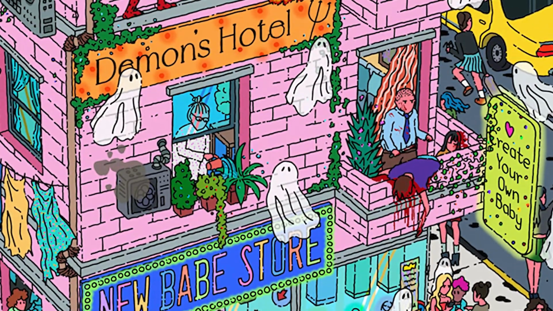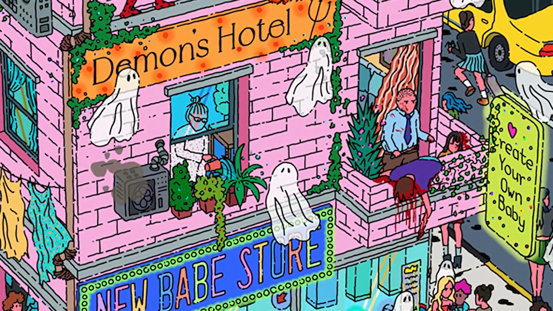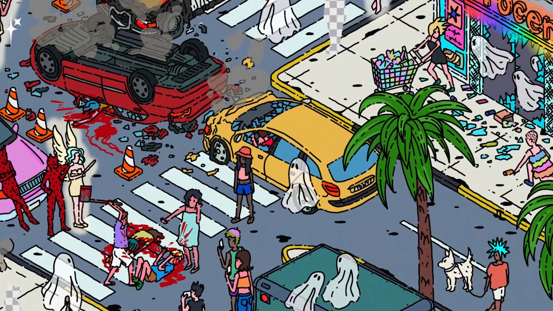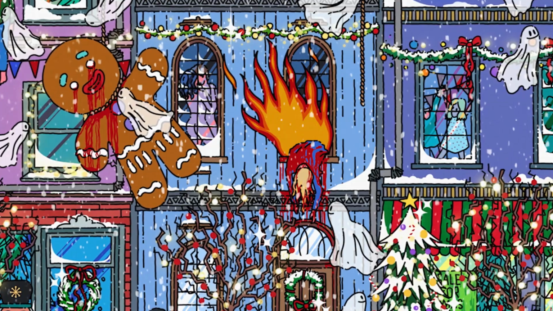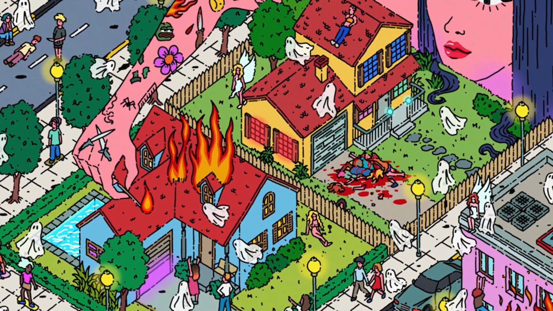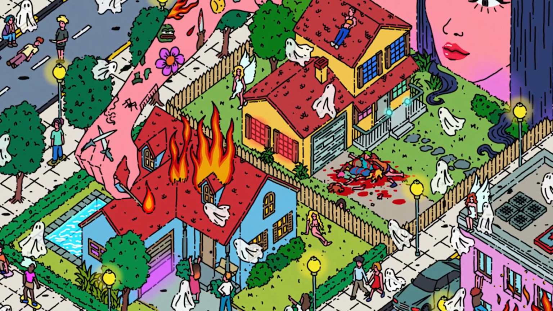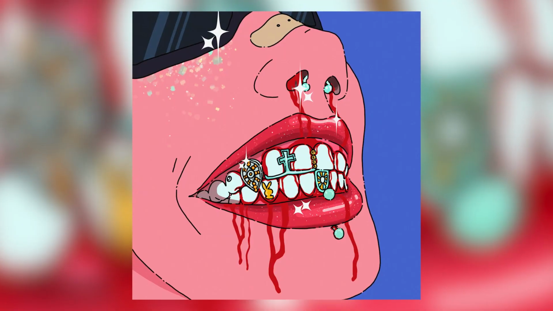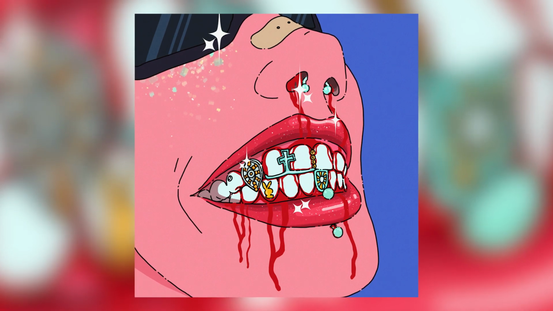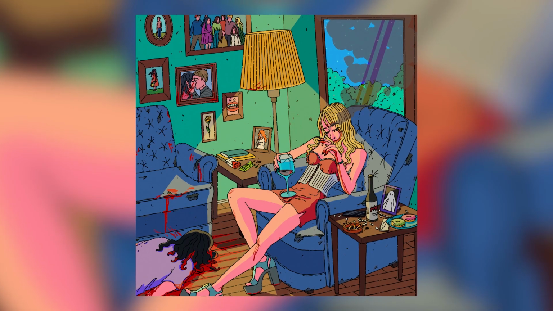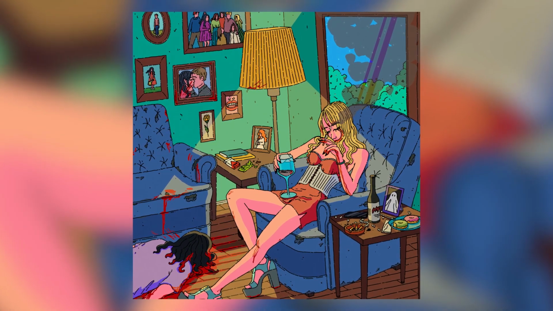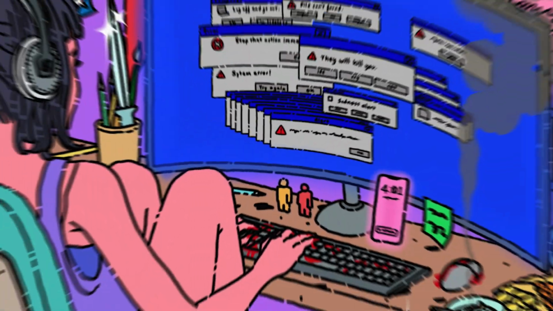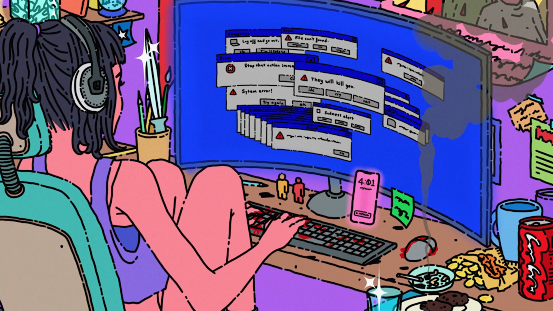You're looking at these worlds and you're seeing awful imagery from car crashes to murdered people to ghosts, but it's drawn in such a fun, poppy style that you're immediately disarmed by it. I see that as a parallel to what I've done with my tragic pop vibes. I've always really enjoyed her work, and I'm excited to see more people dive into her world.